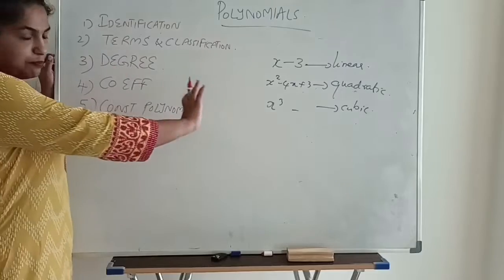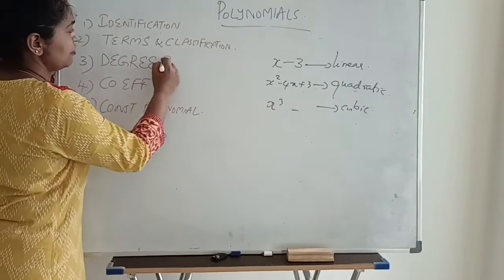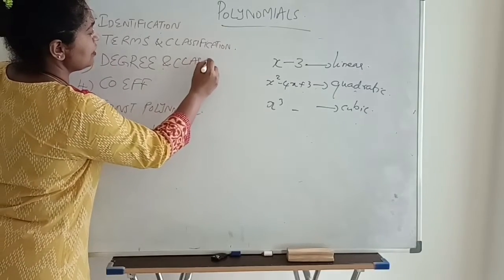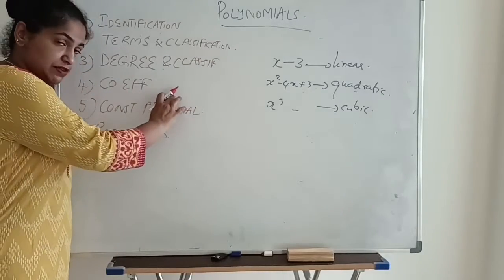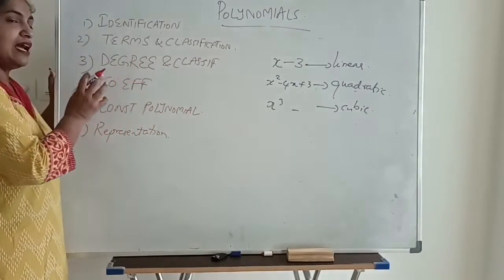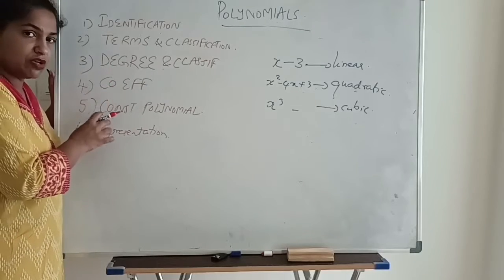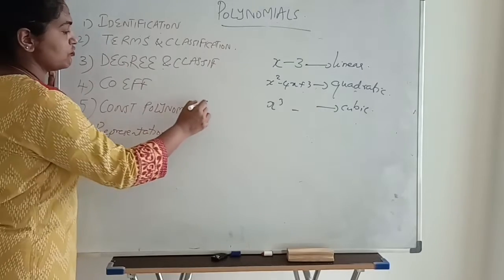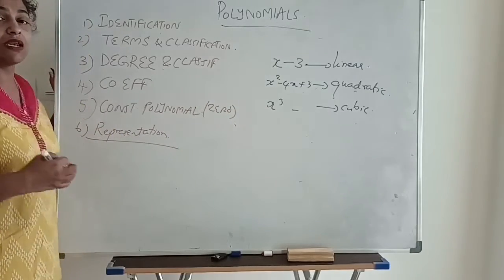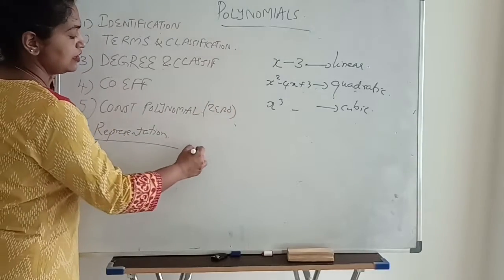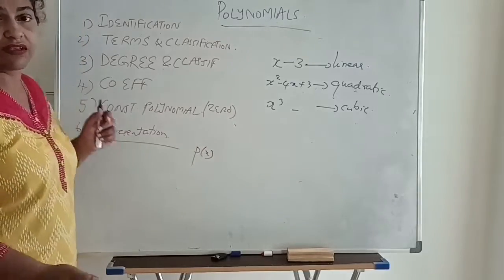We know what the degree of a polynomial is and the classification based on the degree as linear, quadratic, cubic, etc. We know about the concept of coefficient of a polynomial, and based on that we know what a constant polynomial is and a special case of constant polynomial called a 0 polynomial. And you know that we can represent a polynomial by p(x), q(x), r(x), etc.